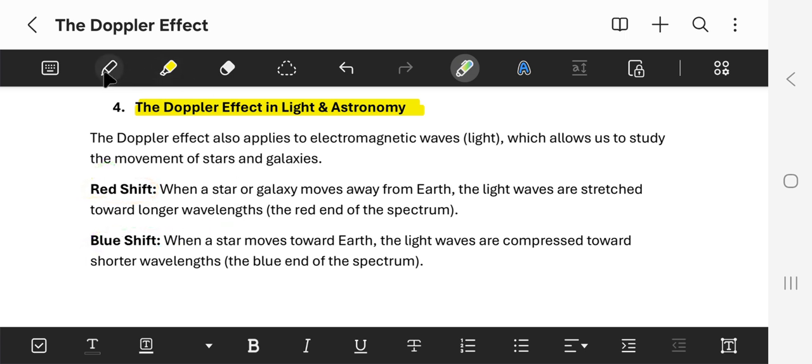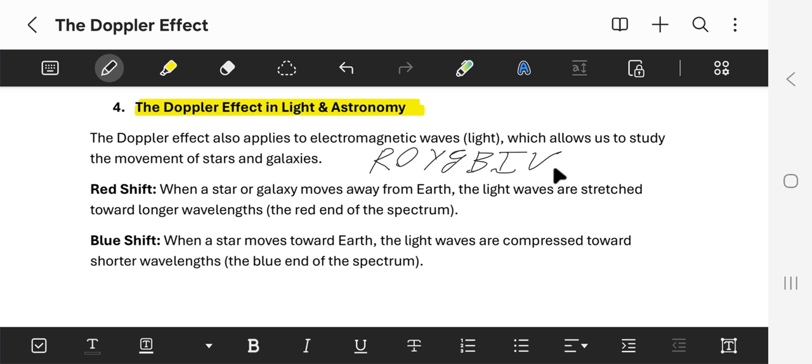For us to explain this, we are going to look at our light spectrum. The type of light spectrum we have is called ROYGBIV.